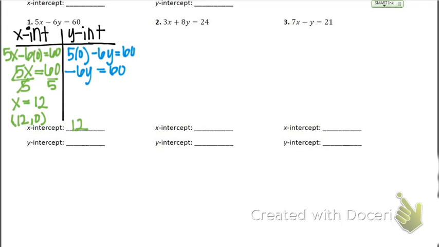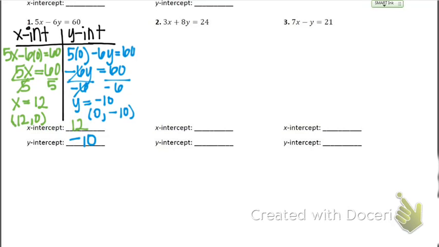That negative does not go away, because we're really doing 0 minus 6y, which is negative 6y, right? Okay, divide both sides by negative 6, and I get y equals negative 10, which is actually the coordinate 0, -10. And my y-intercept is at -10.